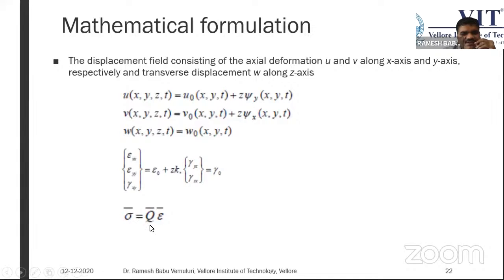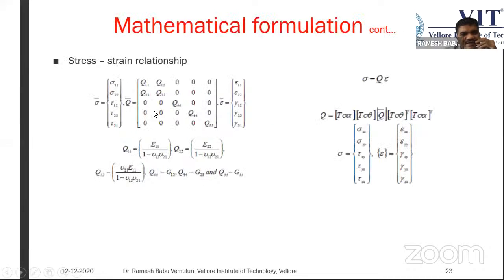Then stress is equal to Q epsilon, as we already know, where Q has the terms Q11, Q12, Q21, Q22, then Q66 because of the plane stress condition, and Q44, Q55, and epsilon the strains. So here it took how many degrees of freedom?